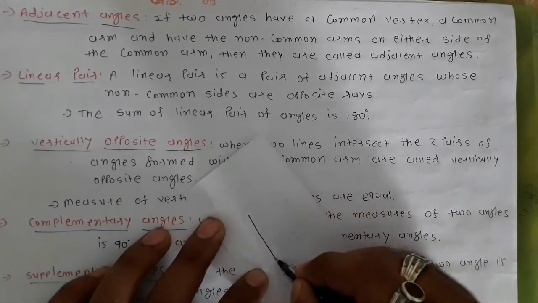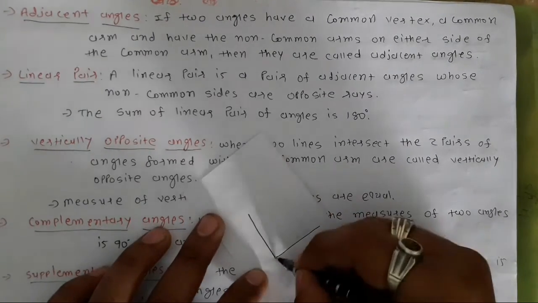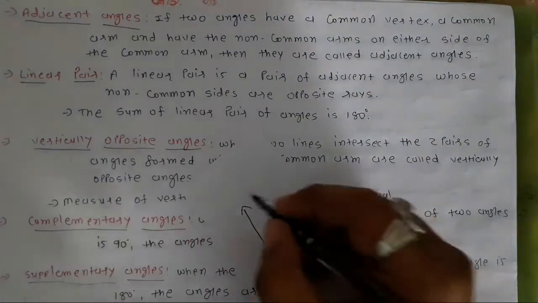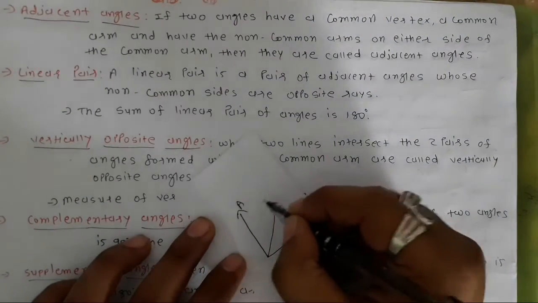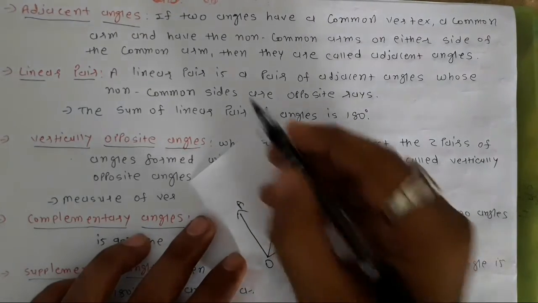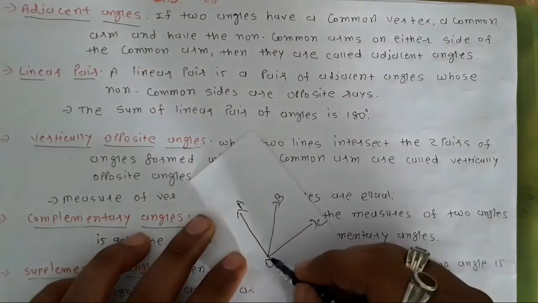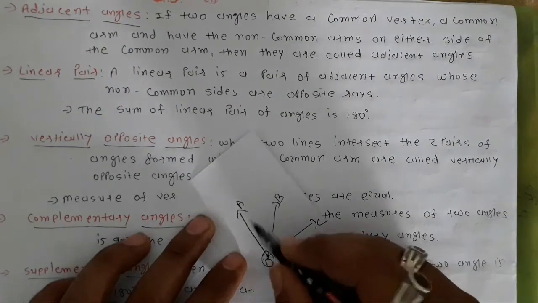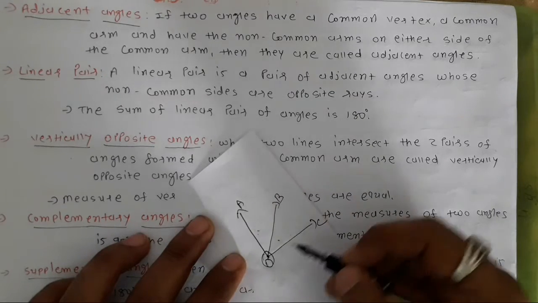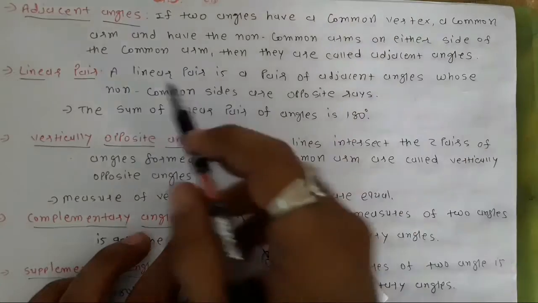For example, this is an angle. Here I am naming the points A, B, C, and this one is my origin O. This is called the vertex. These are the two angles: first one is AOB and another one is BOC.